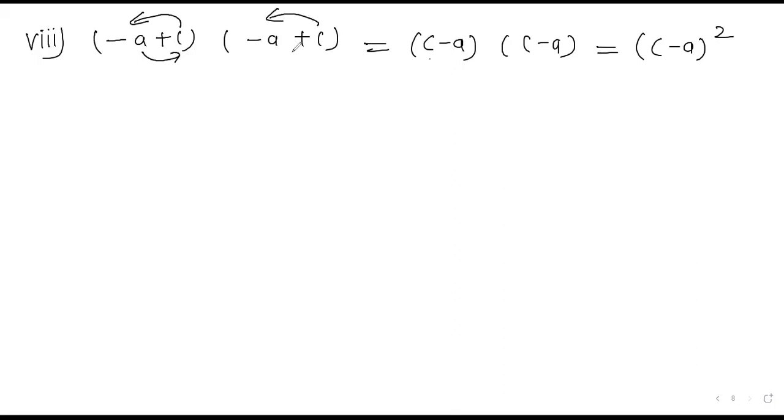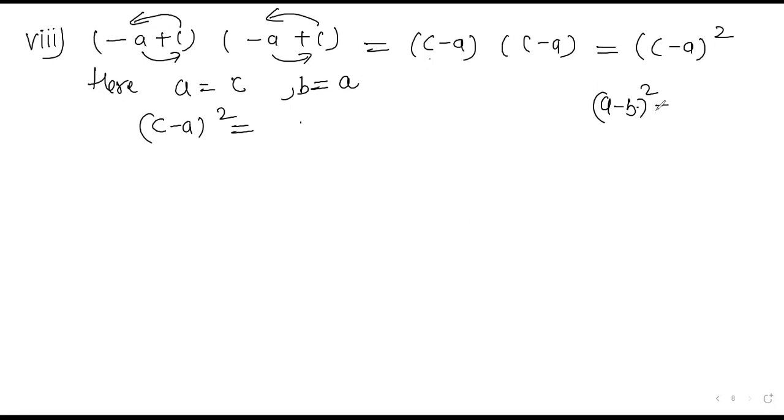We are writing c first and minus a later for our convenience. So simply we will write the square of this, a minus b whole square. Here in place of a, that is c, and in place of b, that is a. So c minus a whole square, you will use the identity a minus b whole square is a square minus 2ab plus b square.